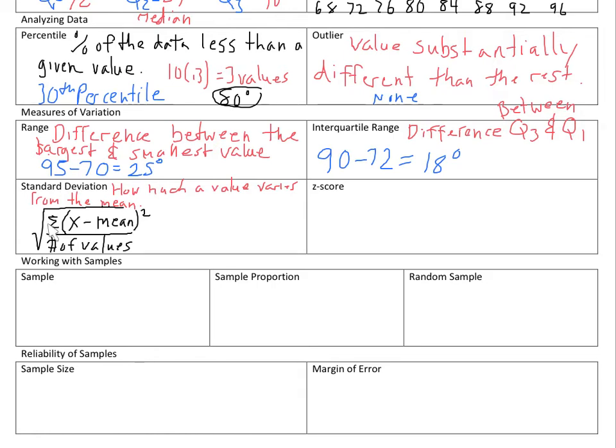So I take each term and subtract the mean, square it, and I sum it up. Then I divide that by the number of values and square root it. And that will give you the standard deviation. So let's do it with our data. I'm not going to do the whole thing, but you'll see the basic idea here in a second.